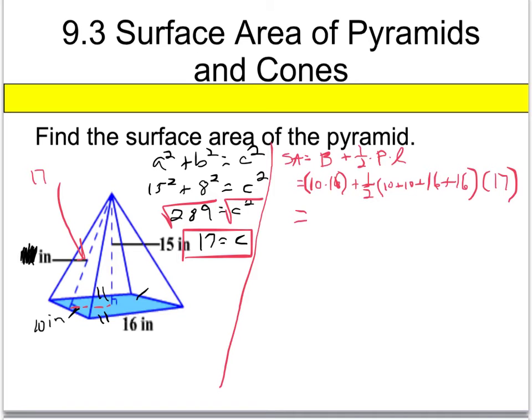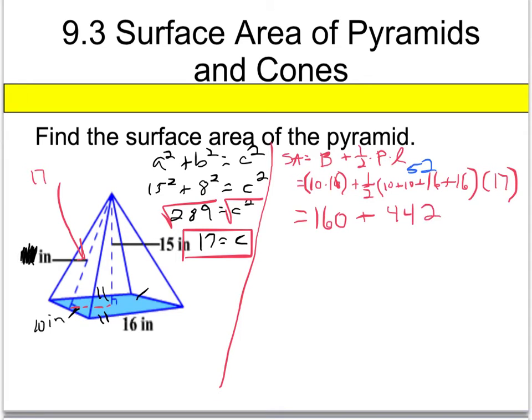10 times 16 is 160, and when you add 10 plus 10 plus 16 plus 16, you get an answer of 52. So now you take half times 52 times 17, and you get an answer of 442.